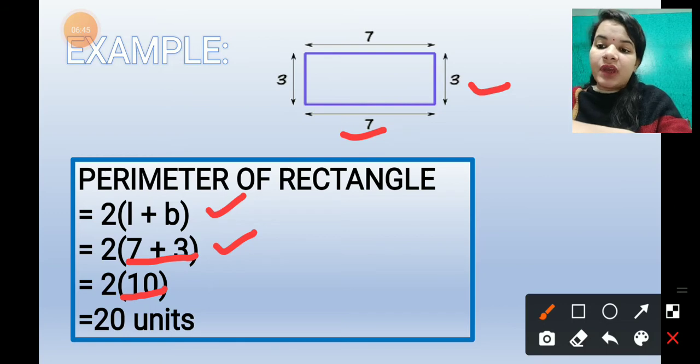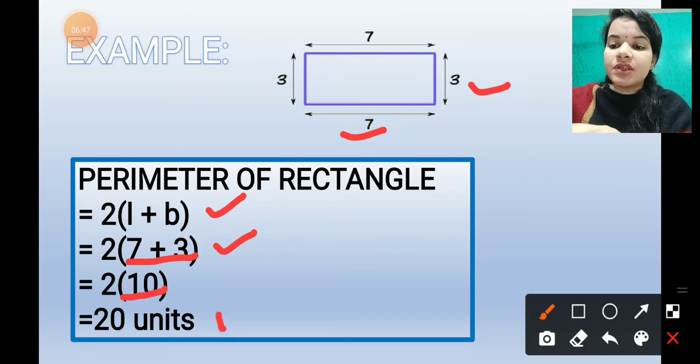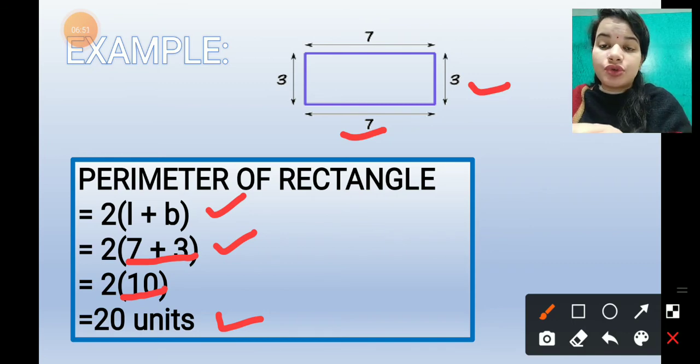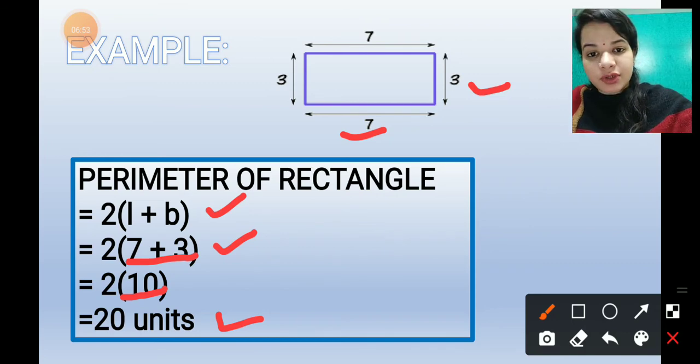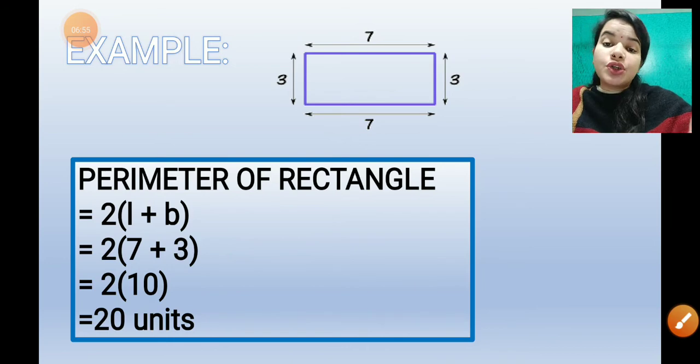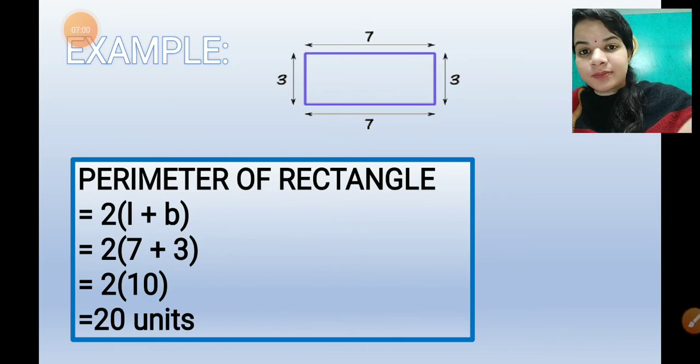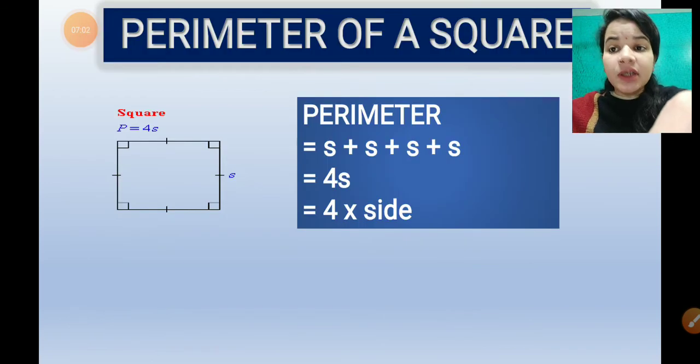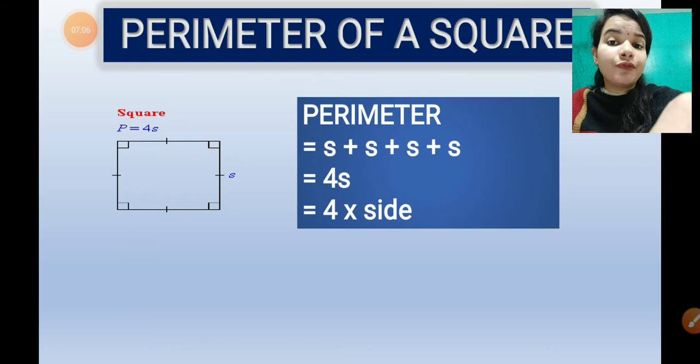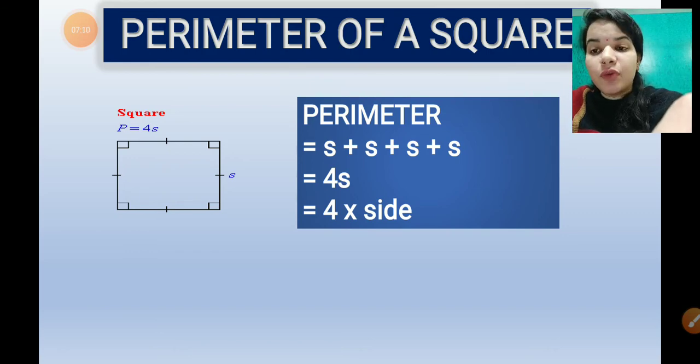So in this way the perimeter of this rectangle comes out to be 20 units. Okay, so you can just use the formula also to find out the perimeter. Now moving on to the next figure, that is square. Now square has 4 equal sides, right? So for deriving its formula, what you will do?